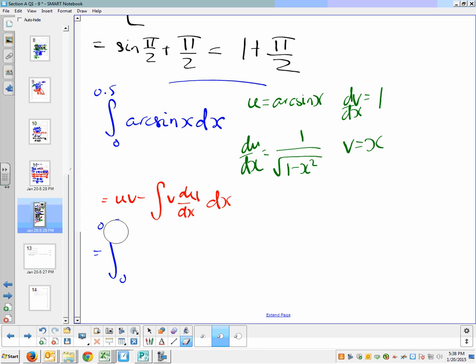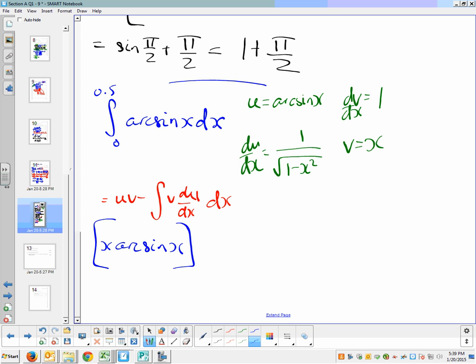We've done that bit of the integration, so the uv is x arc sine x, evaluated from 0 to 0.5, minus the integral of v du by dx, so those ones, x over 1 minus x squared, with respect to x.